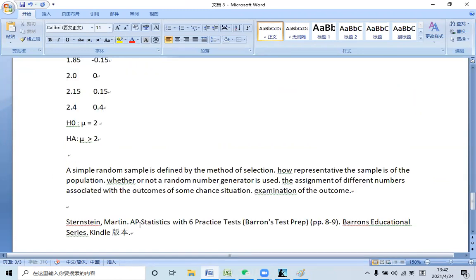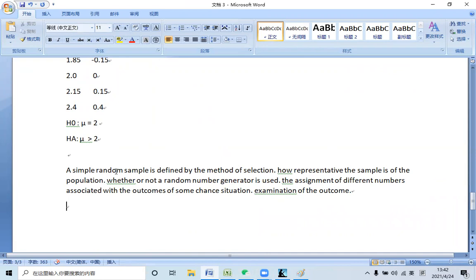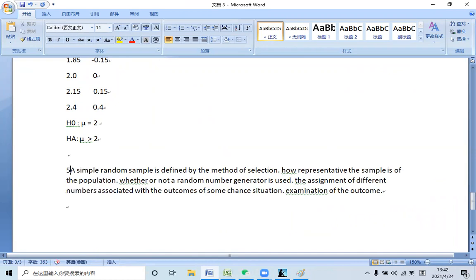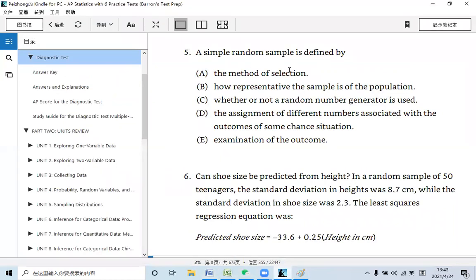A simple random sample is defined as number 5 by the method of selection. How representative is here defined by the method of selection. How representative the sample is of the population.